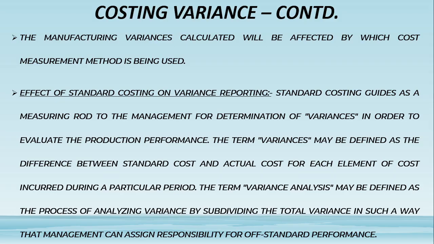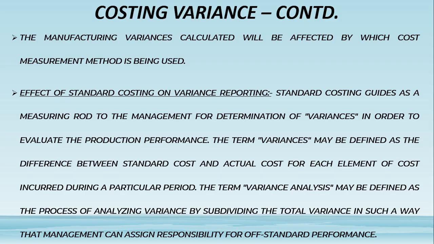Standard costing serves as a measuring rod for the management for determination of variances in order to evaluate the production performance. The term variance may be defined as the difference between the standard cost and actual cost for each element of cost incurred during a particular period.